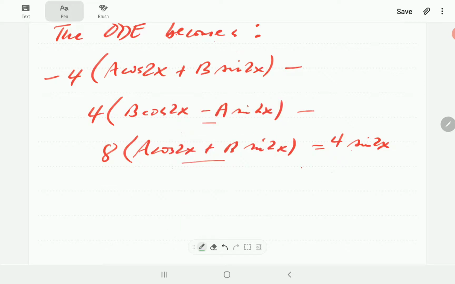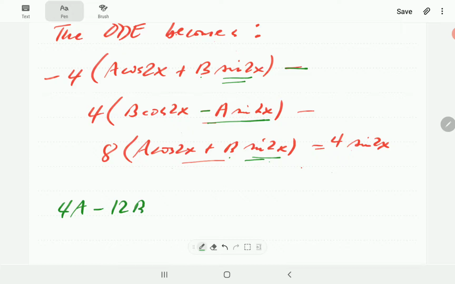So what we're going to have to do is collect like terms on the left hand side. Let's start with the sines. For the sines there is one here, one there, and one there. This one is going to be positive because we've got a minus here and a minus here, so that's positive for a. And then these two are both negative: minus 4b here, minus 8b there.